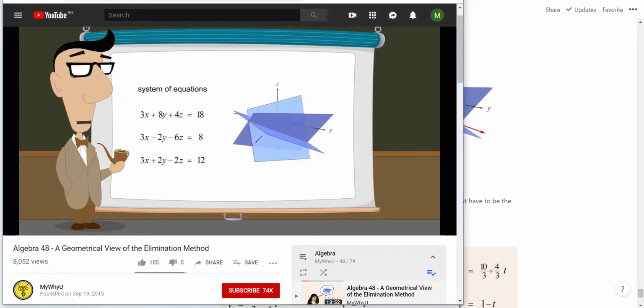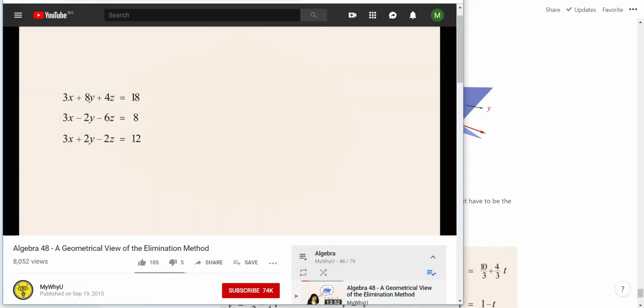Looking at variable elimination geometrically, we can also see why in the last lecture we found that no matter which pair of equations we use to eliminate a given variable from a system of three planes which intersect along a line, we always ended up with the same equation. In that lecture, we found that eliminating x always produced the equation y plus z equals 1.